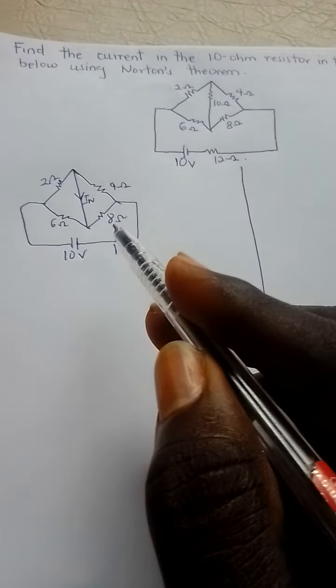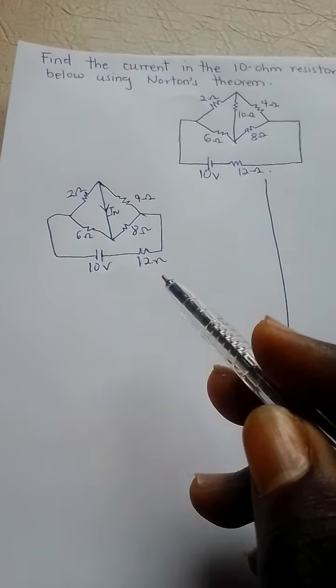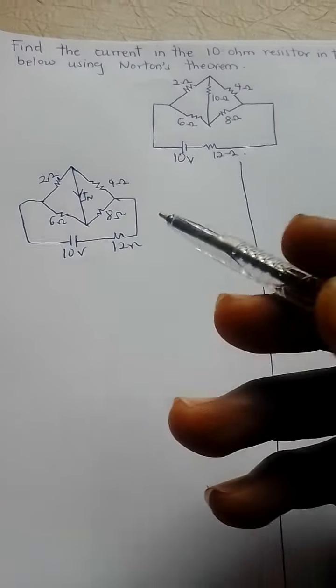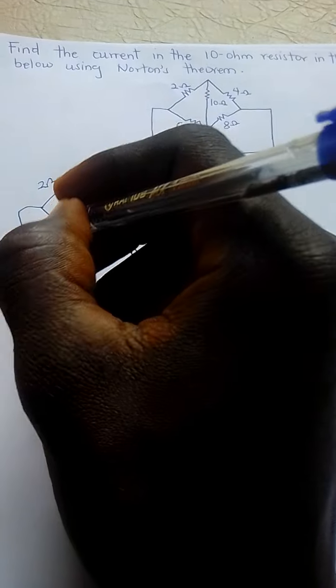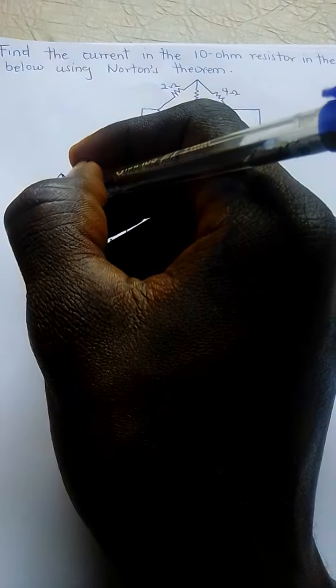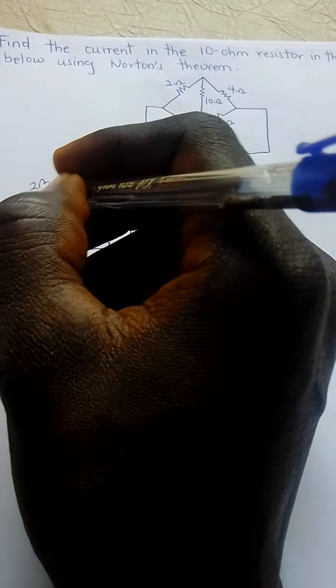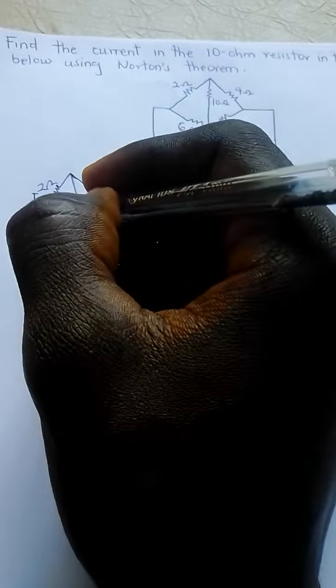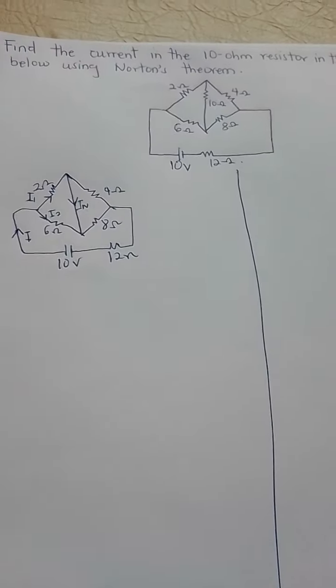We can apply Kirchhoff's rules here to find the current IN. It's a simple Kirchhoff's rule. You represent with I the current coming from the source. You also represent this side with the current I1, and this side is going to be current I2.